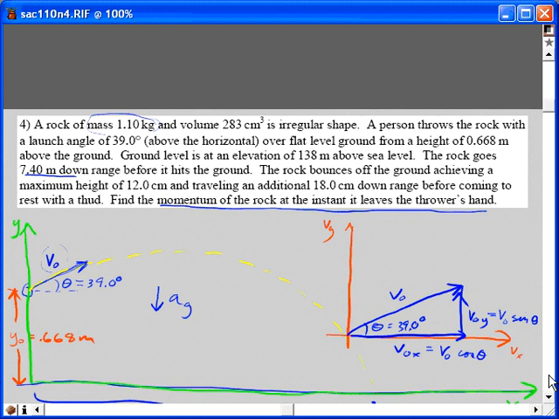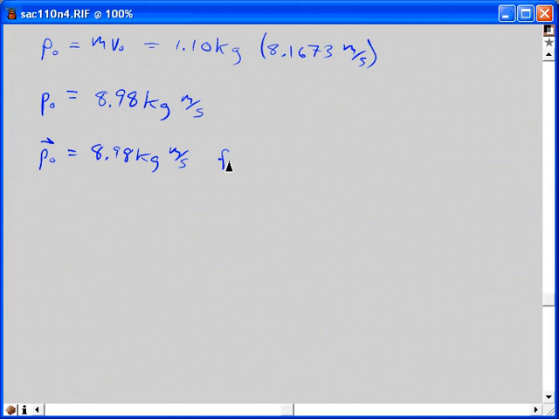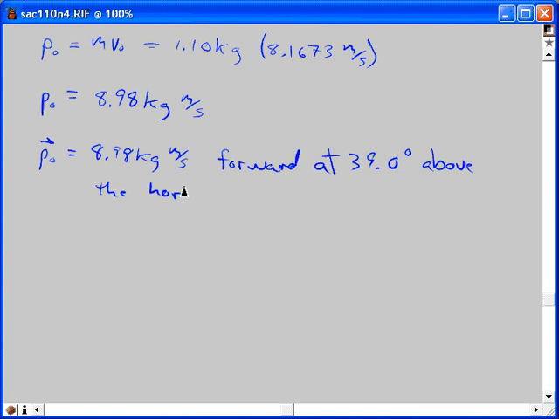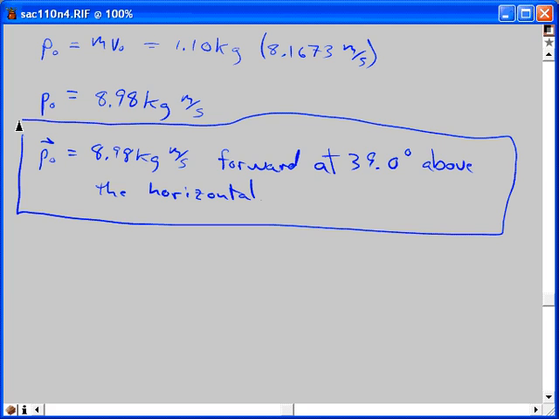So as far as the compass direction, they didn't give us one, so I'll just say forward at the given angle of 39.0 degrees for the initial velocity above the horizontal. That's my answer. Let's do a couple of quick checks.